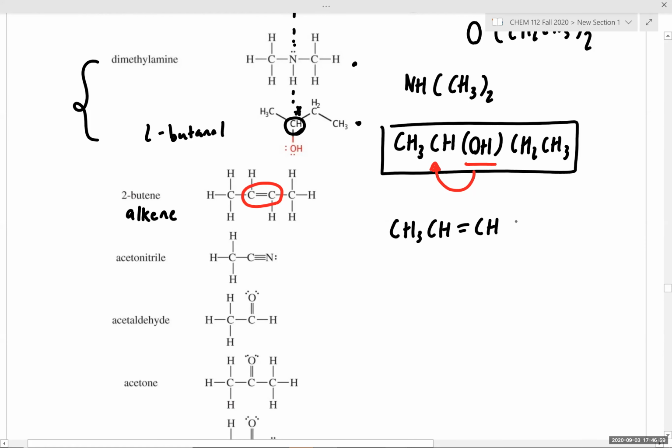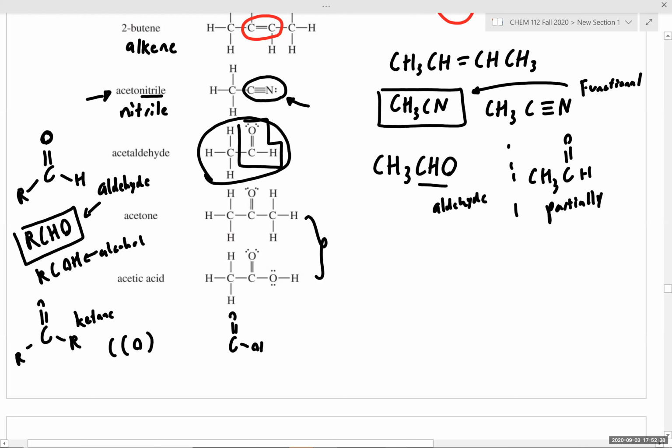So I'd like you to now try and write the formula for acetone and acetic acid, keeping in mind that acetone has what's known as a ketone functionality, which is written as CO. And acetic acid has what's known as a carboxylic acid functionality, which is written as RCO2H.